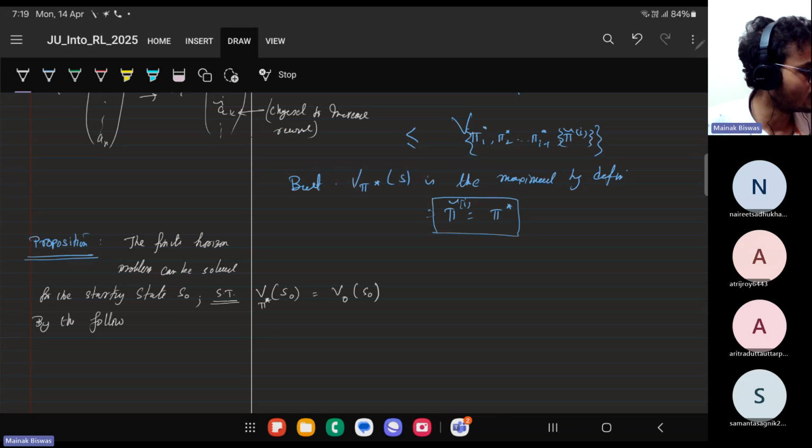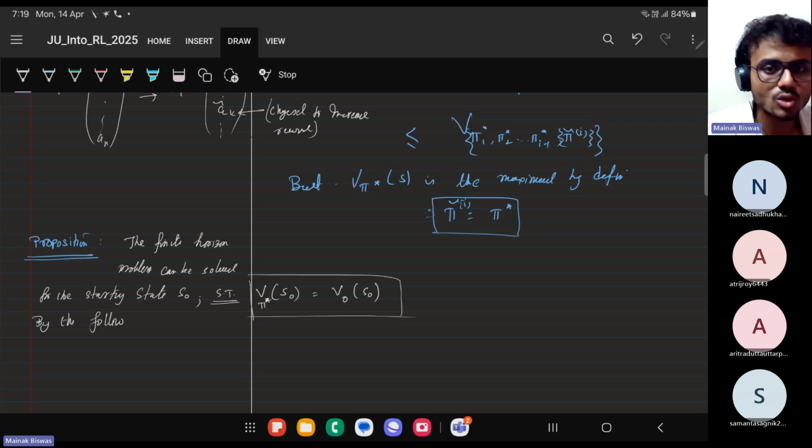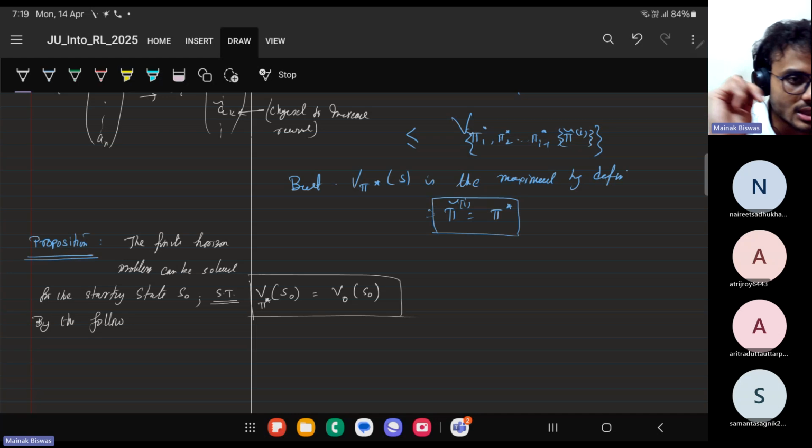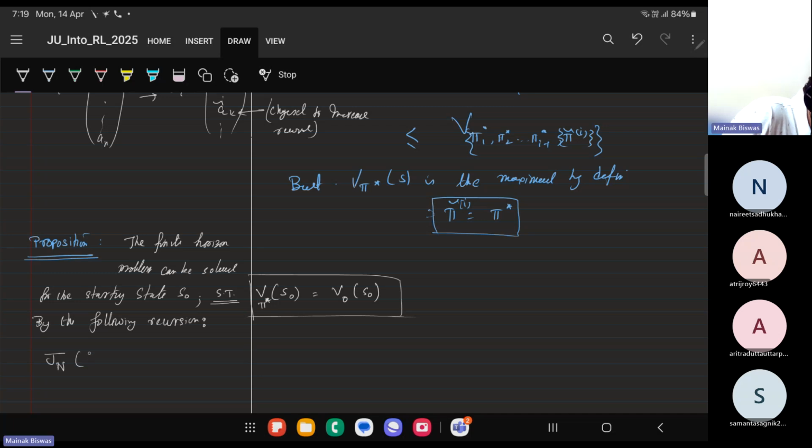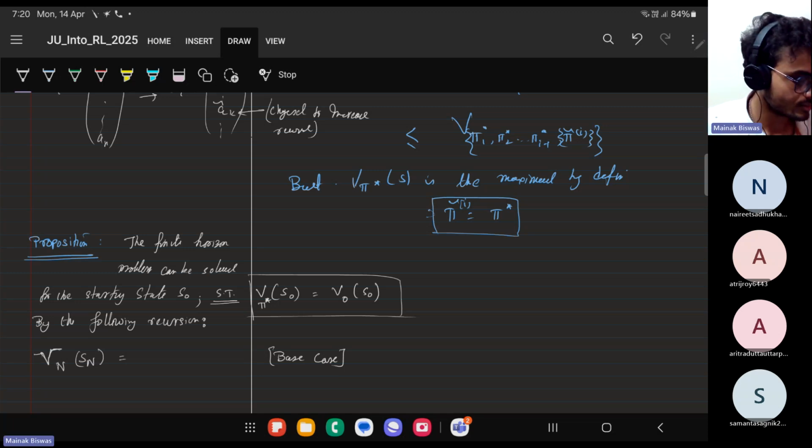We will see why it is called V0 of S0, but is this clear? So this is a set of functions that we are going to define. For the initial state, I can know the best policy by the following recursion. What is the recursion? It says that, this is the base case, Vn of Sn. Can you tell me what this will be equal to?